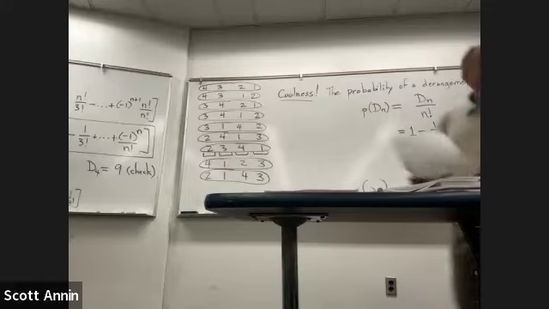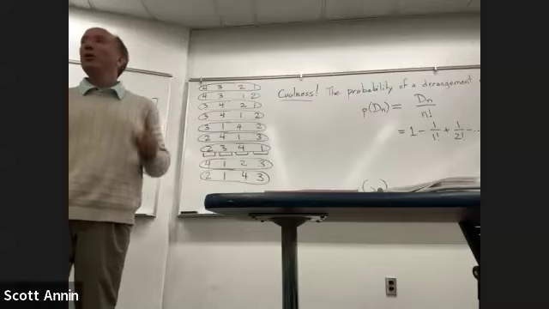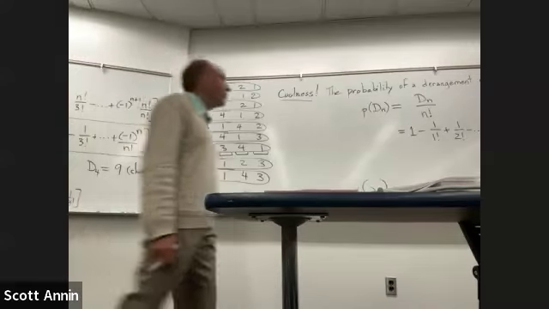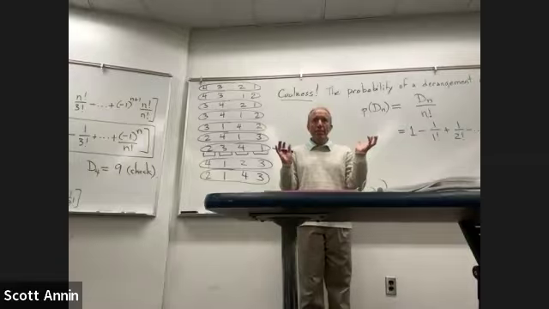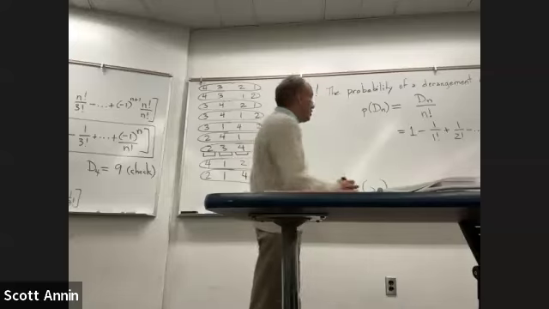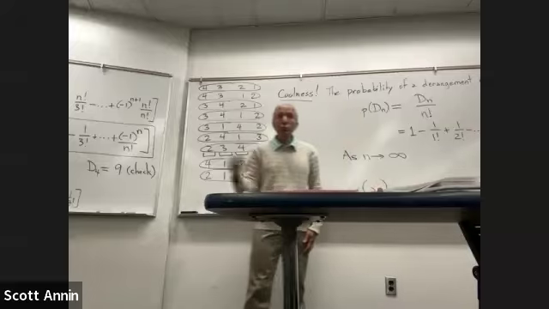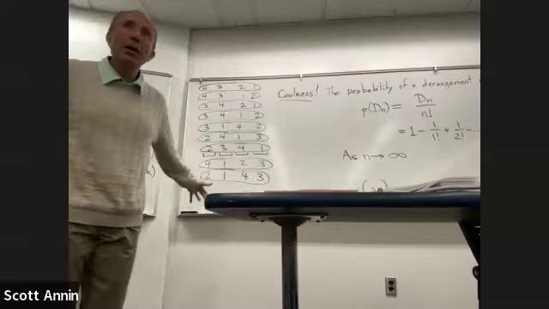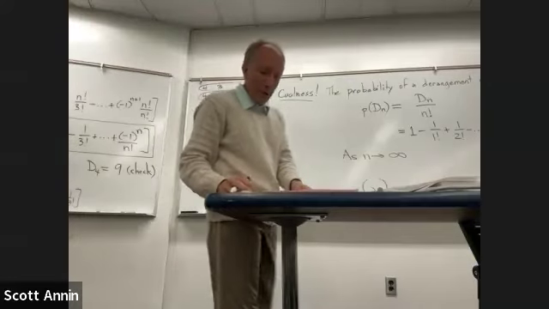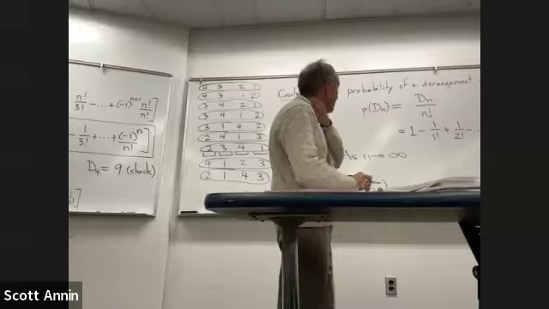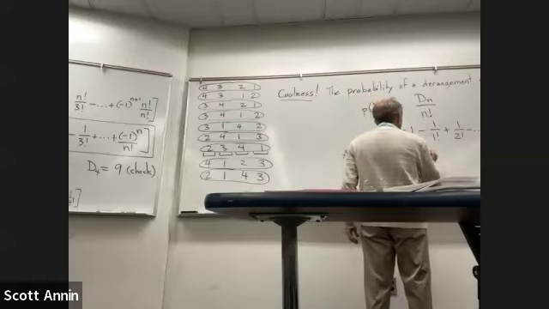So that's fine. We could think of that as the probability, but now I want to ask you, what happens to this probability as the size of the party goes to infinity? As n gets really, really large, so as your number of hats goes to infinity, if I had 1,000 people with 1,000 hats, and I wanted to know the probability of a derangement, then we're basically taking some kind of a limit of this expression.